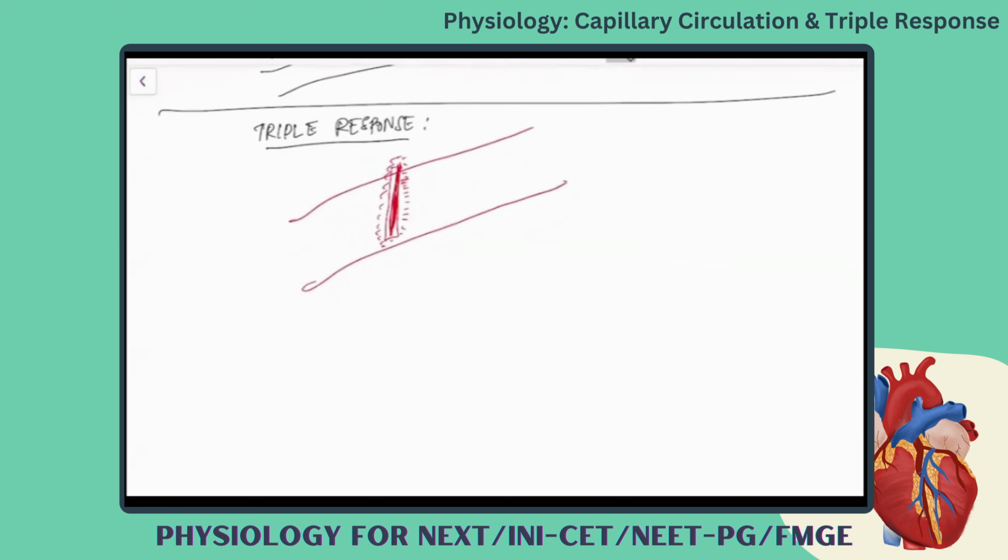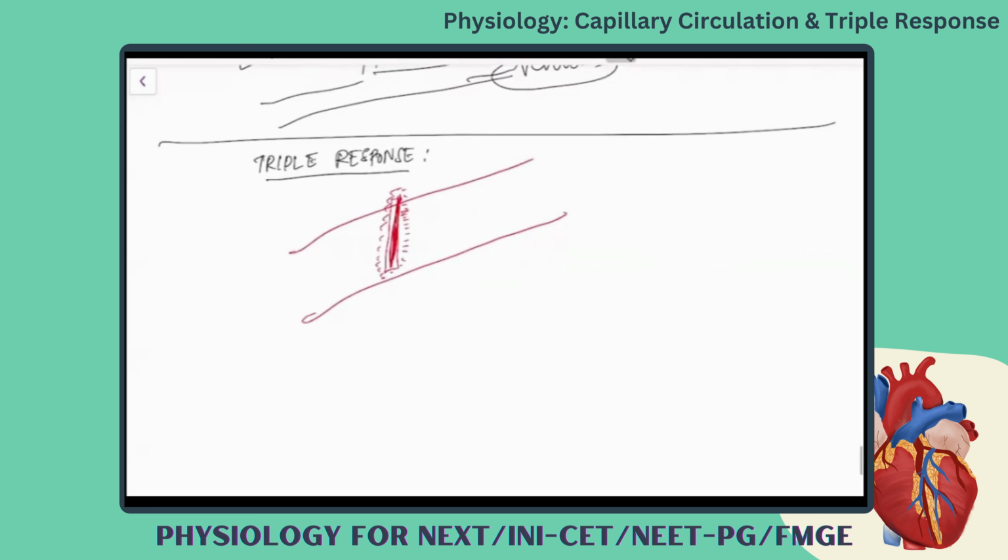And why is this triple response formed? What are the events which are taking place? The first one is called the red reaction. The second one is called flush or flare. The surrounding reddish accumulation is called flush or flare. And the part which becomes bulged is called the wheal.